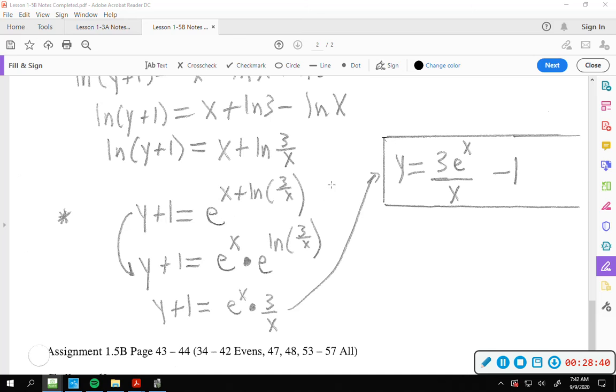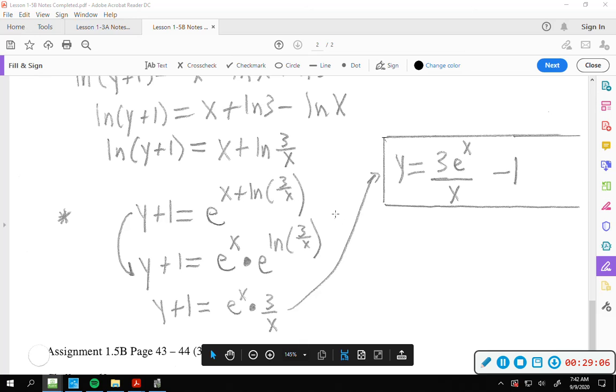If it is part of an addition or subtraction in the exponent, then you have to use this algebraic property to make it a factor first. The most common mistake is that students will skip this step and they'll put plus 3 over x here. That's not true, right? I cannot let this e undo this natural log until it's written as one factor here.